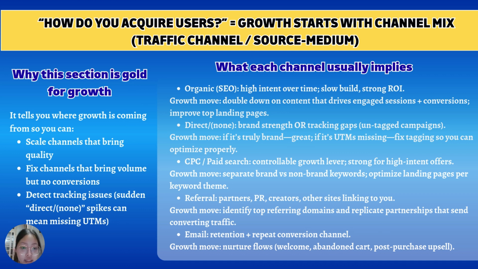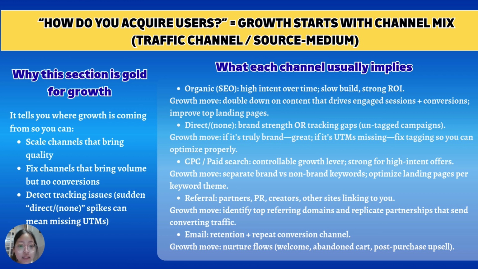And next one is brand strength or tracking gaps. The grow move is that if it's truly brand, keep investing. If it's UTMs missing, fix tagging so you can optimize properly. The next one is CPC, paid search, a controllable growth lever, strong for high intent offers.